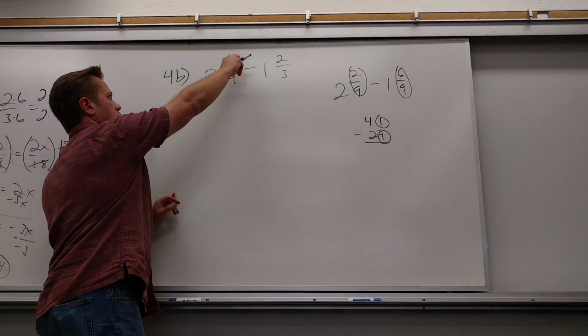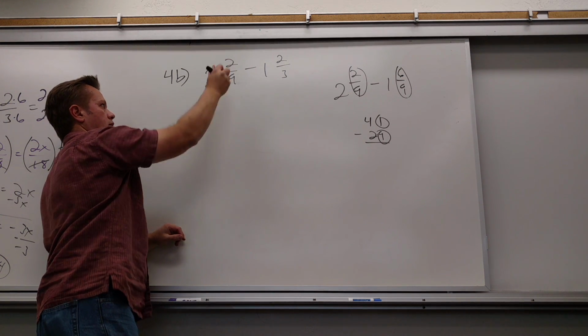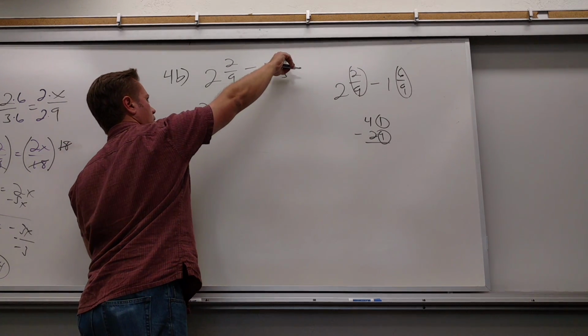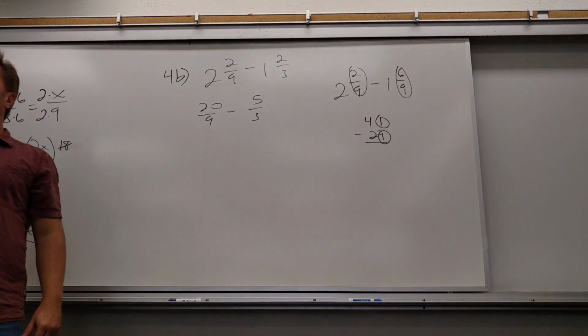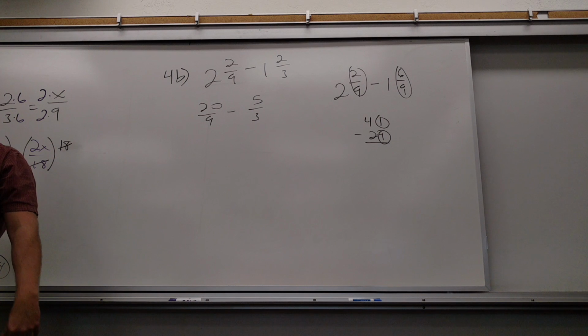Otherwise, you change this into an improper fraction. So what do you get here? 20 over 9. And then you just make that into over 9, and you'll be done. So change it to improper. You don't have to worry about borrowing and all that kind of stuff.